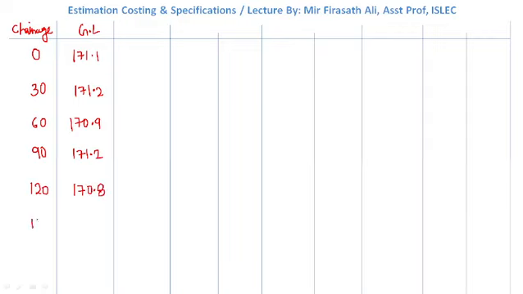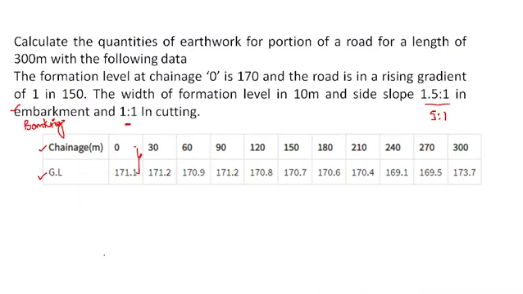At chainage 150, we have 170.7. At chainage 180, we have 170.6. We have more: 210, 240, 270 and 300.